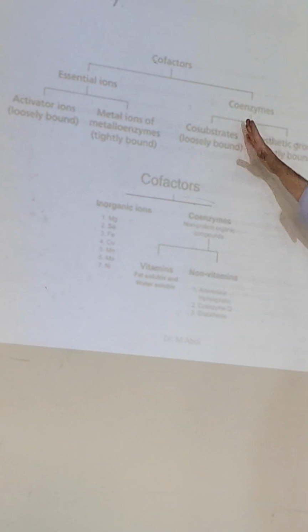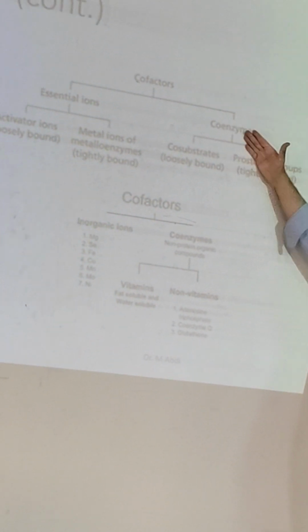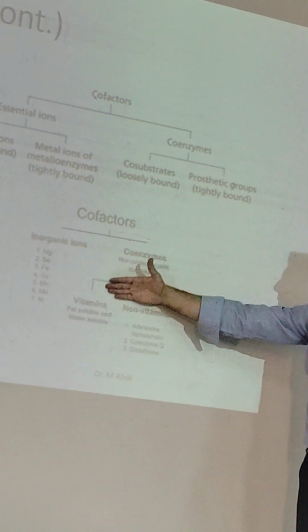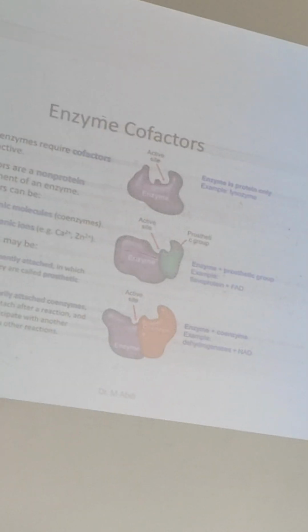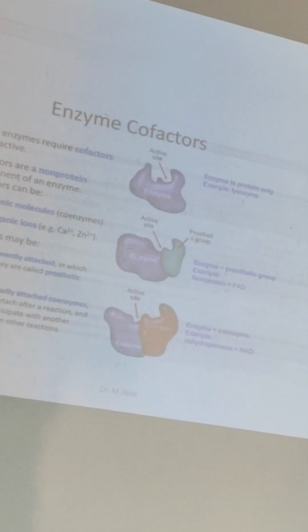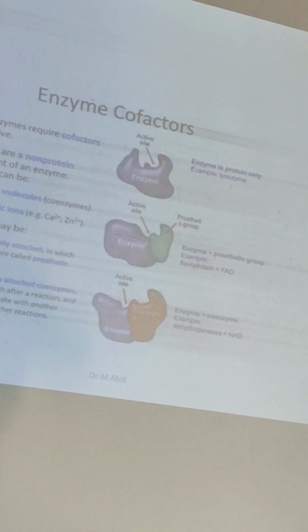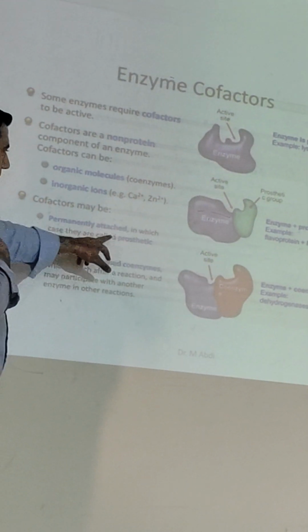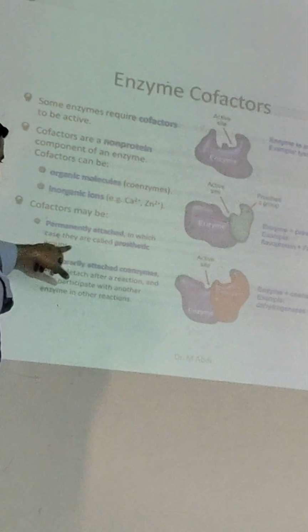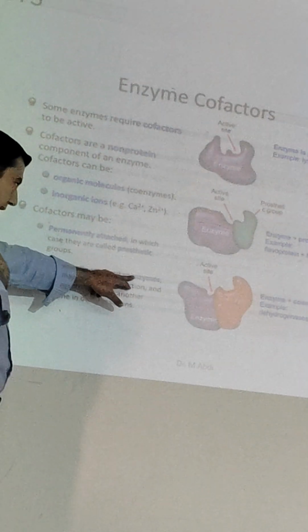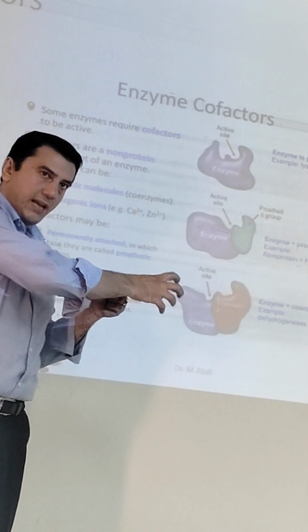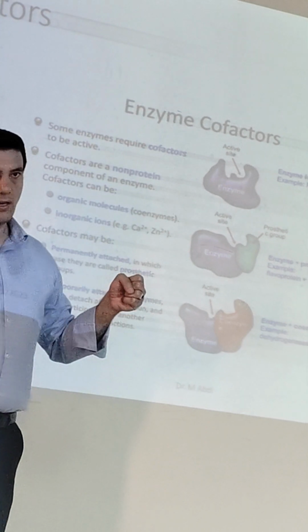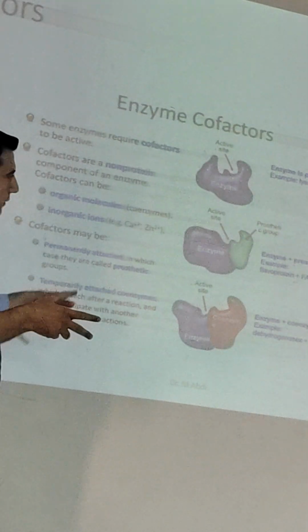And the second one, coenzymes are vitamins. Most of them are vitamins. You can see such an explanation in these slides. Cofactors may be permanently attached, as I told you, we call them a prosthetic group, or temporarily attached to the enzyme, which means they attach to the enzyme and detach from it.